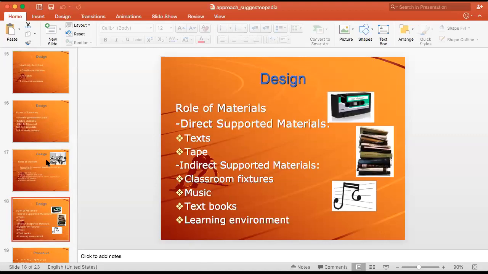Now there is a lot of material, and this material is of two kinds that is used in Suggestopedia. One is the direct material. Okay, now the direct material is the text basically, and we know that this text consisted of a handout, and in that handout there were dialogues, and those dialogues were in two languages, the mother tongue, the class that we experienced was Arabic, and the target language was English, right?